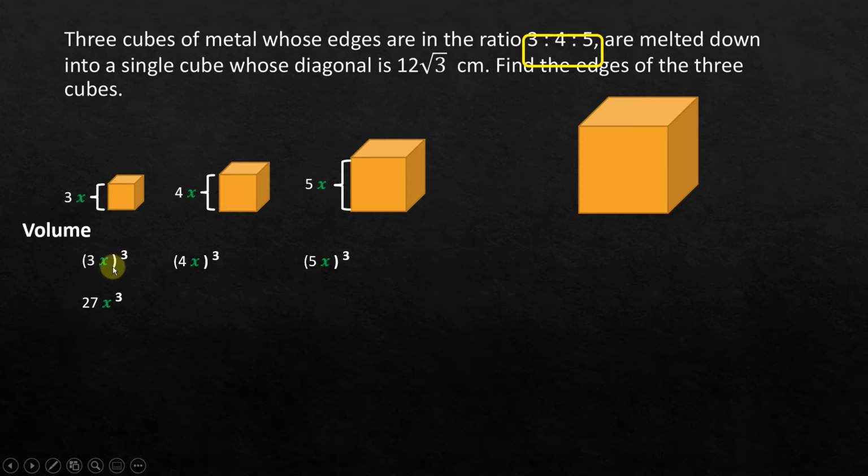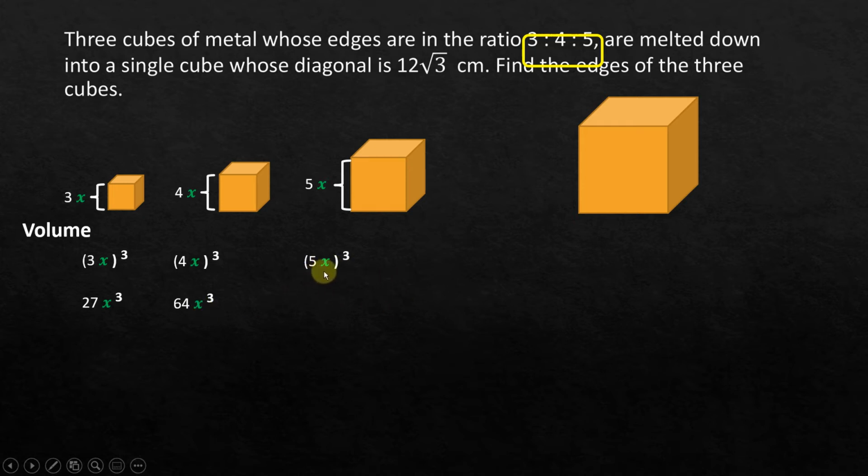This (3x) cubed is nothing but 3 times 3 times 3 times x times x times x, which is 27 x cubed. Similarly here, 4 times 4 times 4 is 64 x cubed.